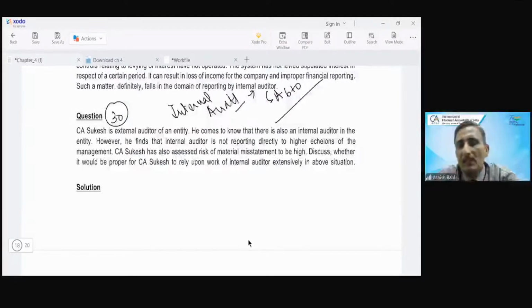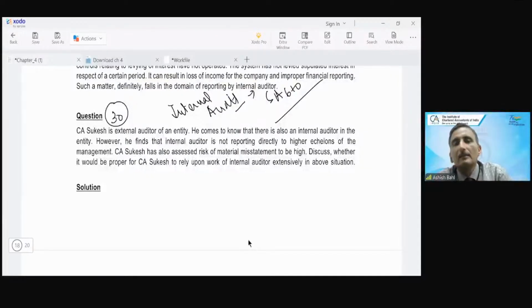CA Sukesh is the external auditor of an entity. He comes to know that there is also an internal auditor in the entity. However, he finds that the internal auditor is not reporting directly to higher echelons of management. It means high hierarchy. He is reporting to some middle level functionaries. CA Sukesh has also assessed the risk of material misstatement to be high. Discuss whether it would be proper for CA Sukesh to rely upon the work of the internal auditor.